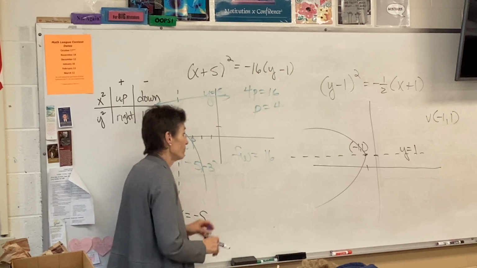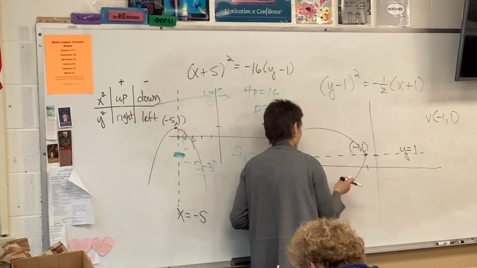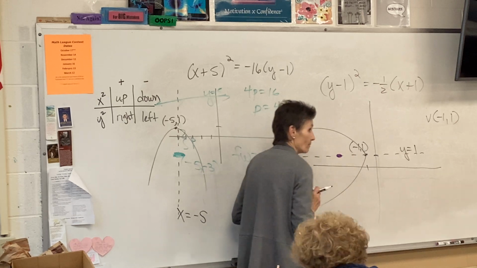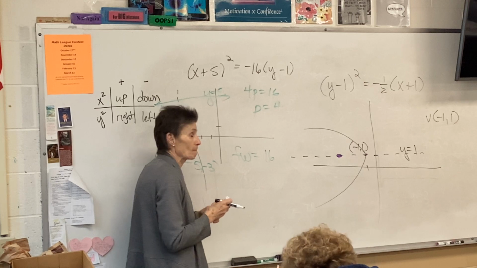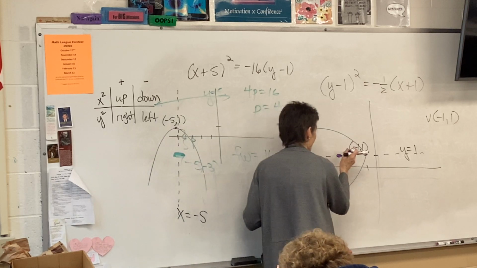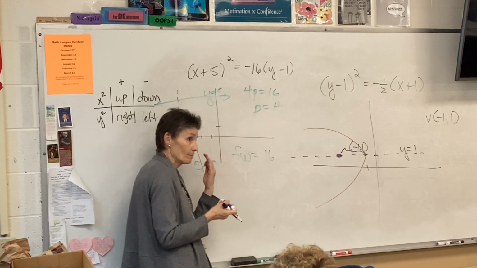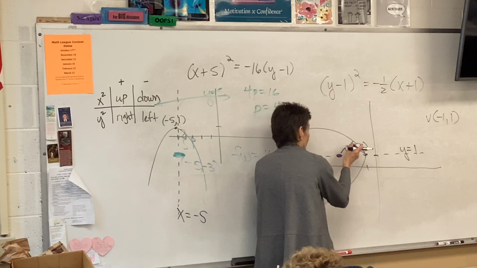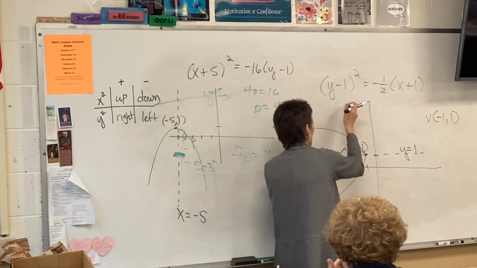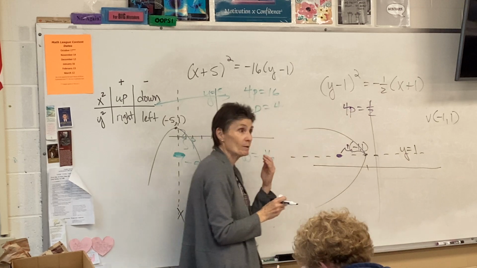Your focus is inside the parabola on the axis, so it's like right there. In order to figure out what it is, I have to figure out how far back to go, and that distance is P. In my equation, 4P is a half. Would you agree with that?